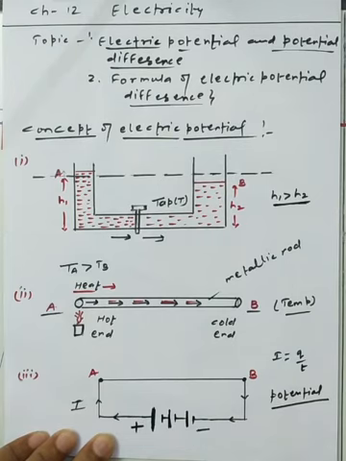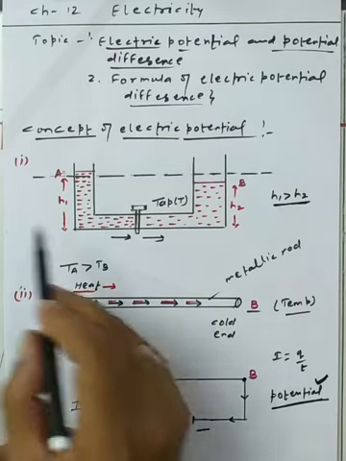Potential regards how much electric energy inside a circuit at a given point is due to the presence of a charge. If the energy is more at a particular point, it has more capacity to drag the charge in a particular direction. So we are giving the name to the element which is responsible for the flow of the charge, that is called the potential.